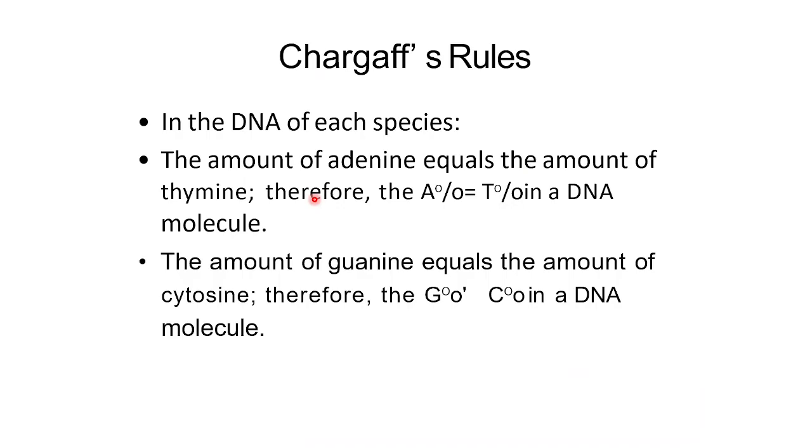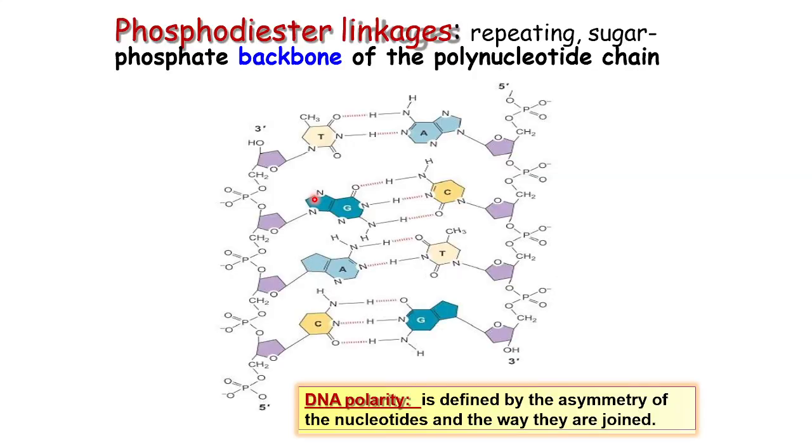Right. Now, what does Chargaff's rule say? That in the DNA of each species, the amount of adenine equals the amount of thymine. Therefore, the percentage of adenine is equal to the percentage of thymine in the DNA, and the amount of guanine is equal to the amount of cytosine. So why is it so? Okay, let us see over here.